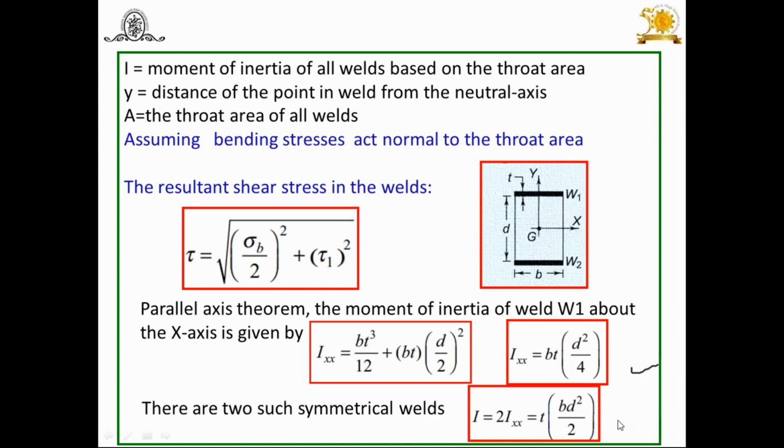J means IXX plus IYY, you will get the J. Try to understand. So you can find out in this way. So yesterday we have solved one such problem. That means the important thing in your welded joint case is you have to find out the polar moment of inertia and moment of inertia to get the secondary shear stress or the bending stress. And after that, you can find out the resultant stress in eccentric load condition in the plane of the weld.